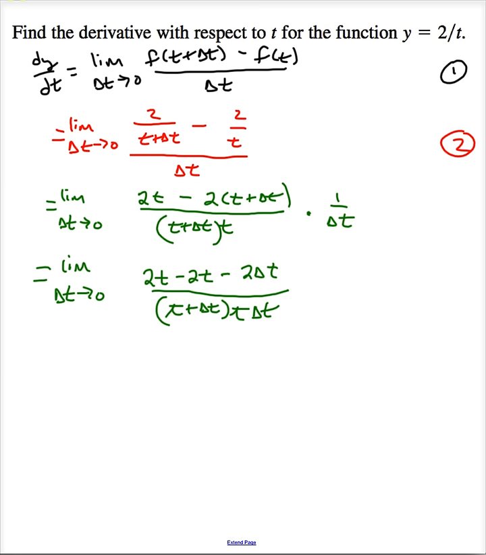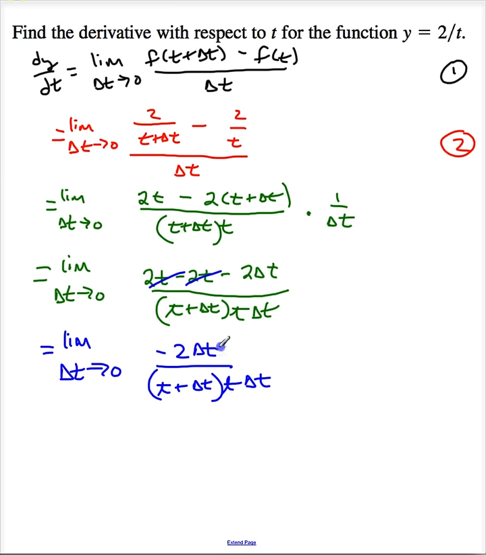So let me see what we've got here. What cancels? That cancels. Let me rewrite this. This is the limit as delta t approaches 0 of minus 2 delta t divided by t plus delta t over t delta t. Now, I could have gone on and canceled that out.